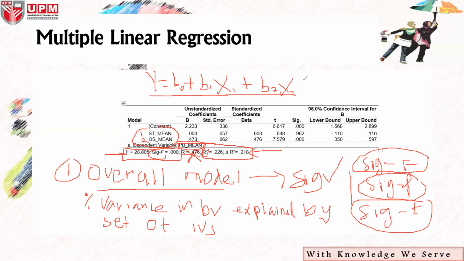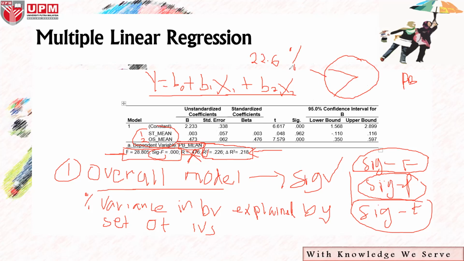If we draw a pie, contohnya a pie of philanthropic behavior, 22.6% of variance in philanthropic behavior has been explained by social trust and organizational support.